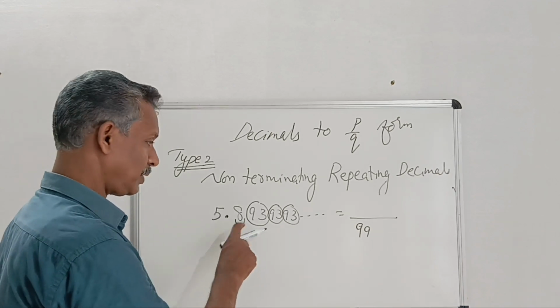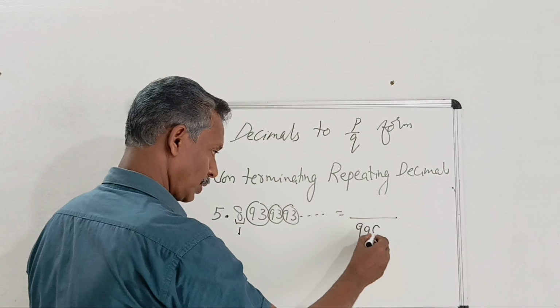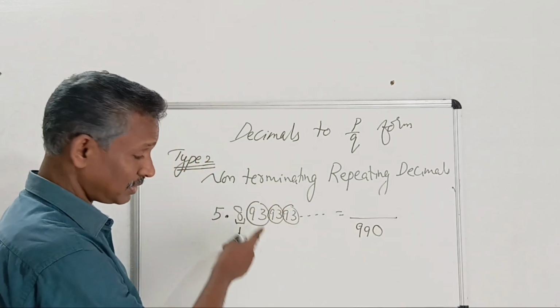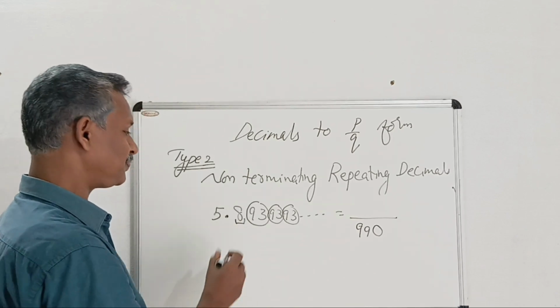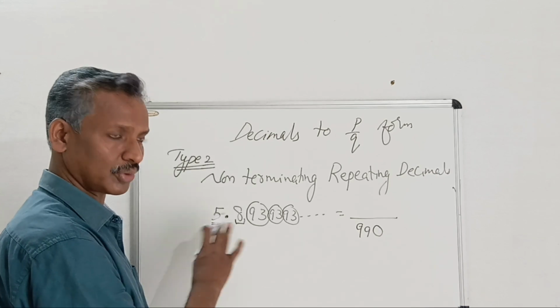Whichever is not repeating, if one digit is not repeated, 10 you have to write here. You have to take only those which come after the decimal. Don't count which is before the decimal. And then you have to start from the very beginning digit. If it is 0 in the beginning, don't write.